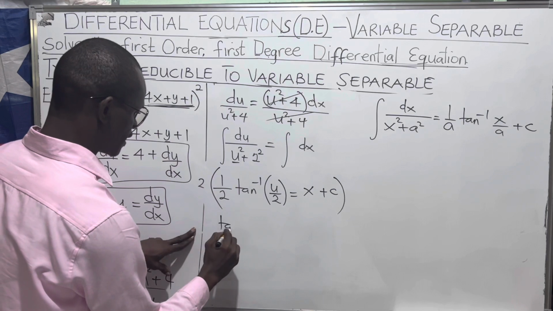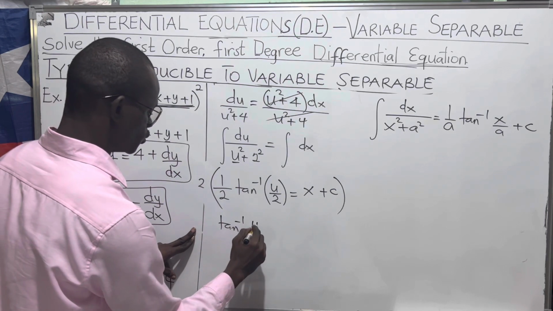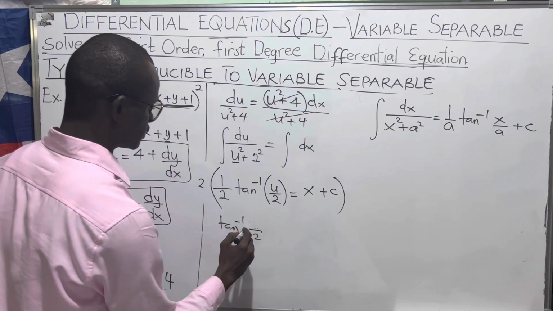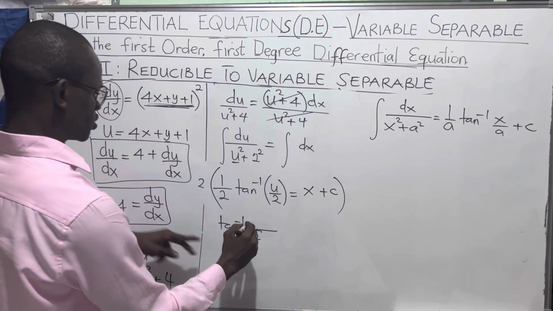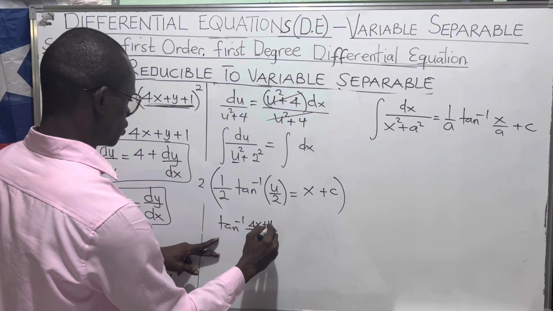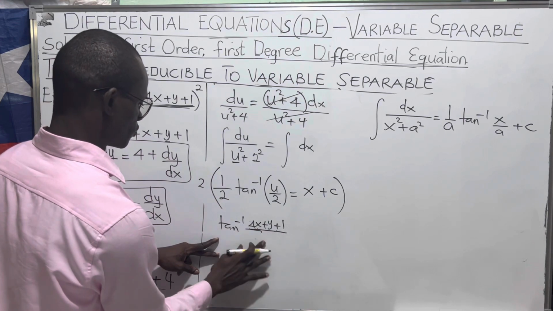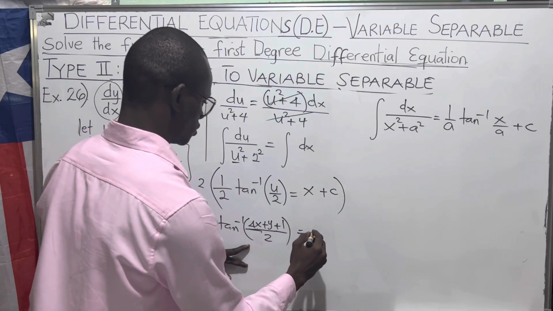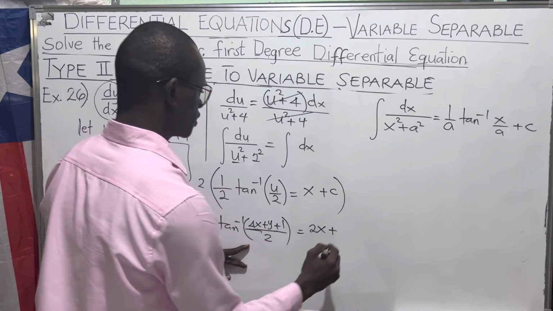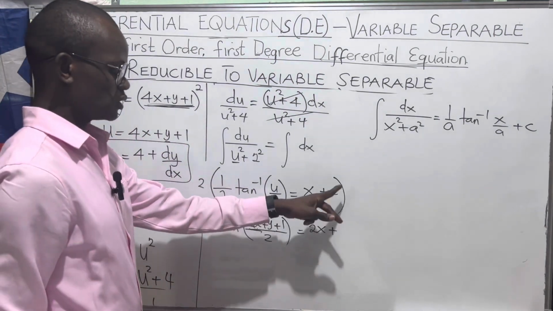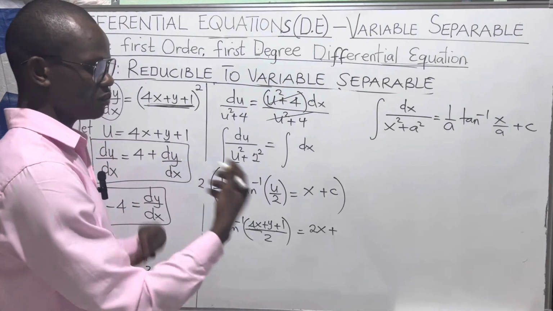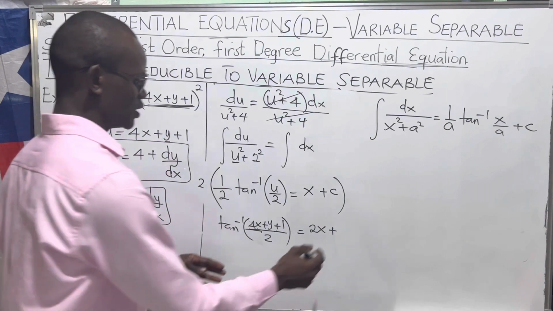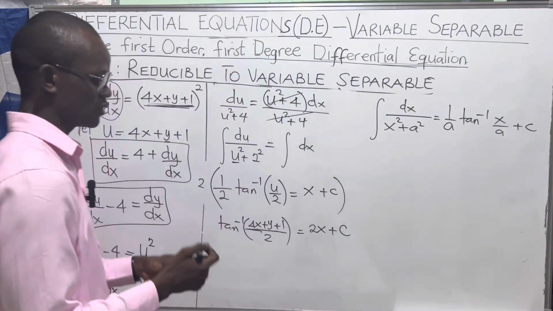So we have tangent inverse of u over 2. Now this u can just be replaced with its expression, 4x plus y plus 1, and all equals 2x plus, now this should be 2c, but we will still replace it with another arbitrary constant. So we just say arbitrary constant c.